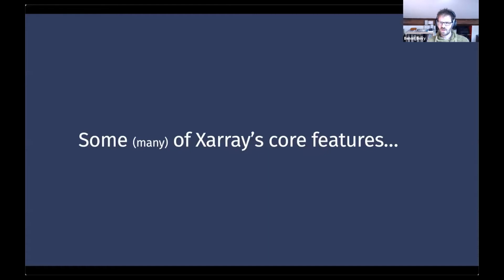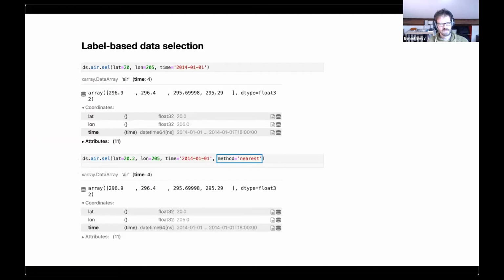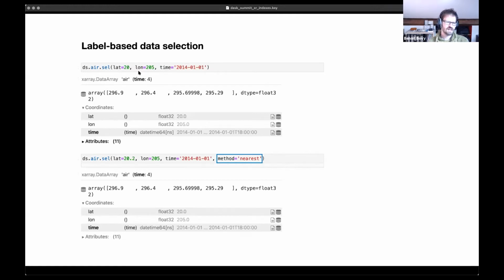Let me just go through some of the features that I'm sure you also already know about, like label-based data selection. It's a nice feature in Xarray that allows you to extract some data from the dataset using the actual coordinate labels and not the positional indexes, like selecting a given latitude and longitude value or time value.